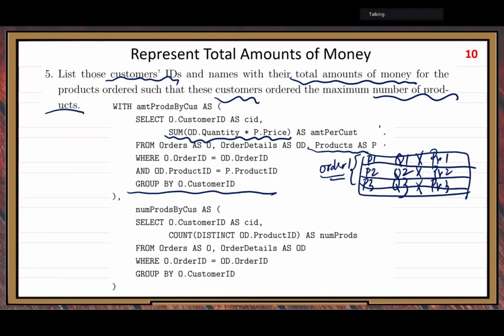And another temporary table, this time we calculate the number of different products. Although these two temporary tables have the same group by clause, the same customer, it would not be good to combine them, because in each table we only join two tables.